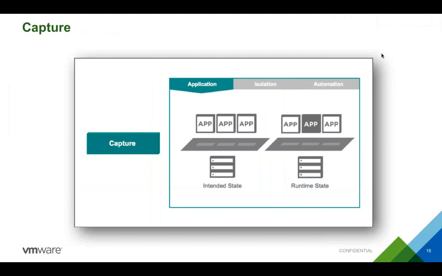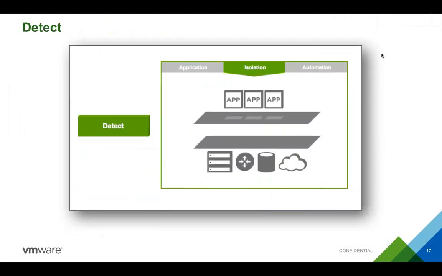If there's any kind of deviation from that, we can alert on it. So application visibility is a key portion of creating that intended state. And given that virtualization is a common fabric across data center, cloud, private or public, using that application visibility we can capture a lot more information.